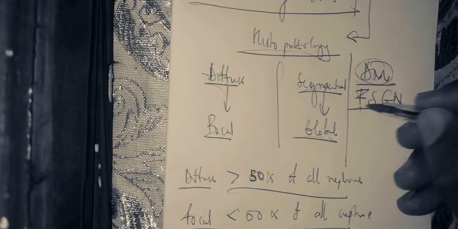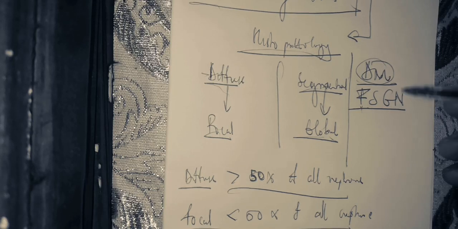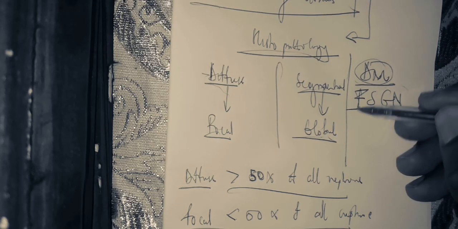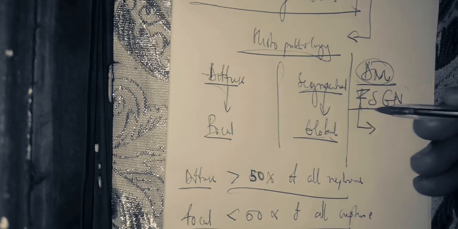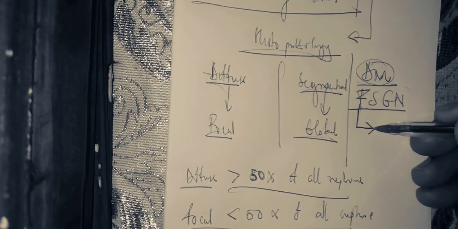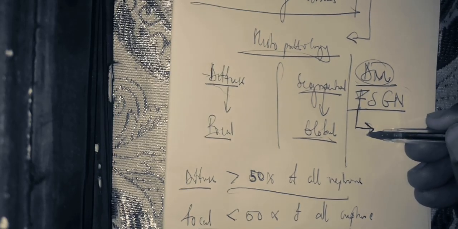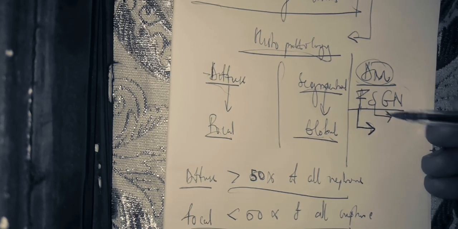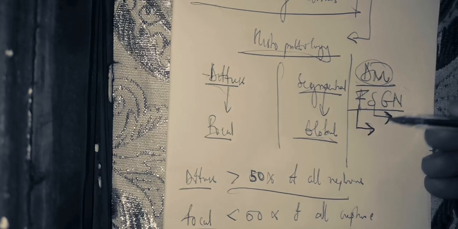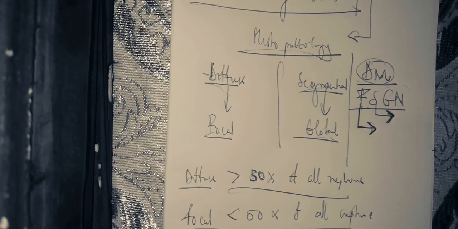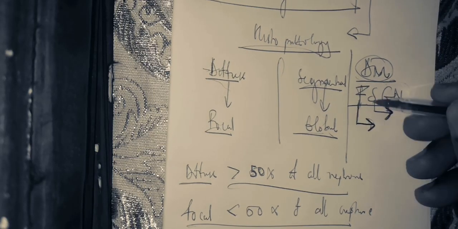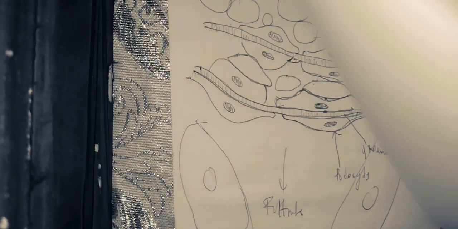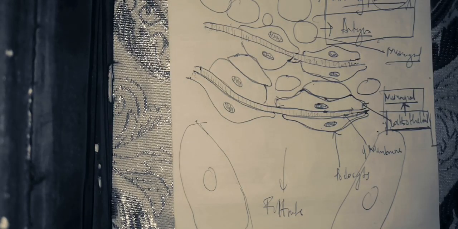It's going to show an inflammation of less than 50% of the nephrons of the kidney, and in each of those nephrons, less than 50% of it is damaged. Is it clear? So focal and segmental together. So those are the different terms that I wanted to bring out before we continue.